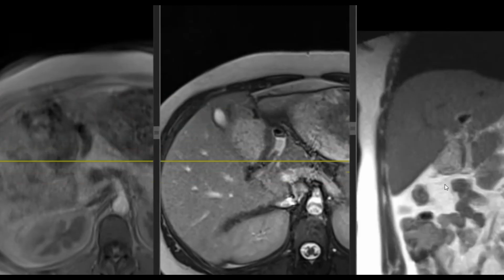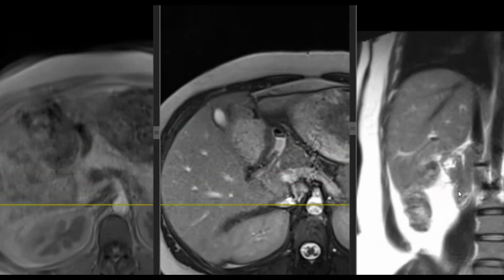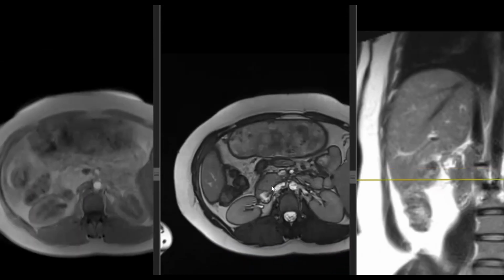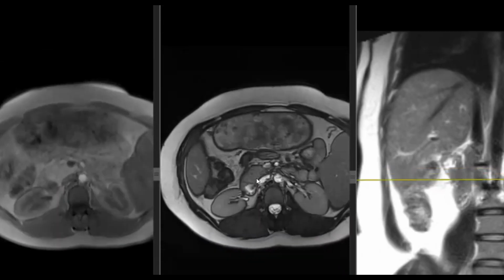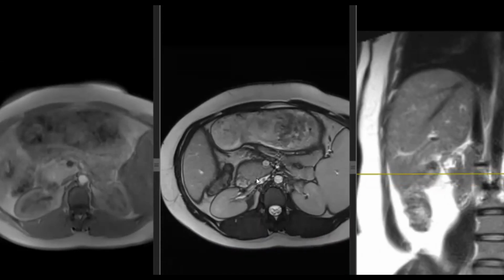Till here, and then this is the descending duodenum, the second part. There is no obstructing mass to suggest the gastric outlet obstruction, but there is something inside the stomach that causes obstruction. If the patient has a known history of psychological problem, I think about trichobezoar.